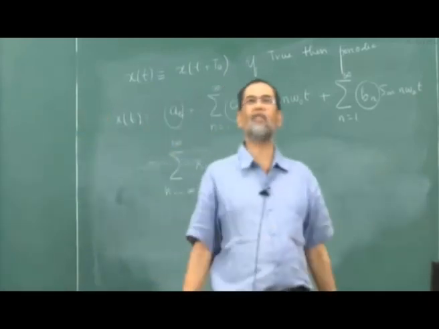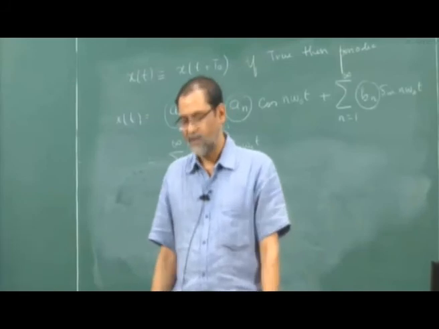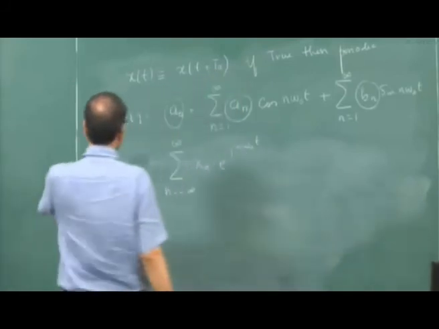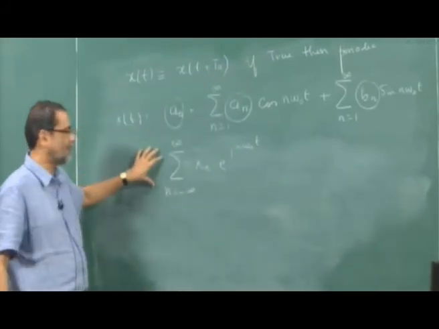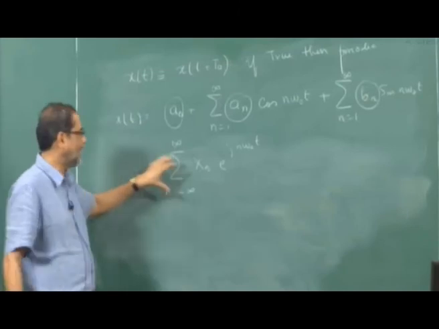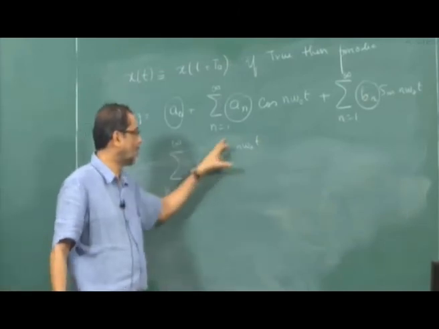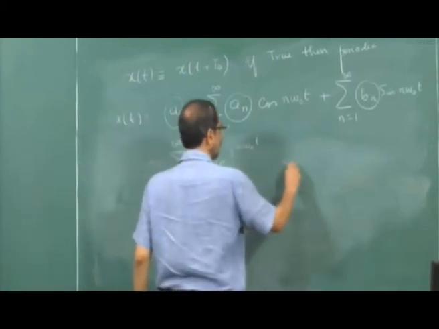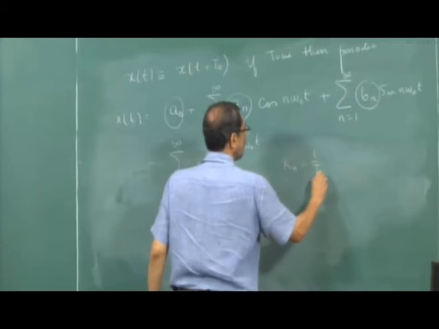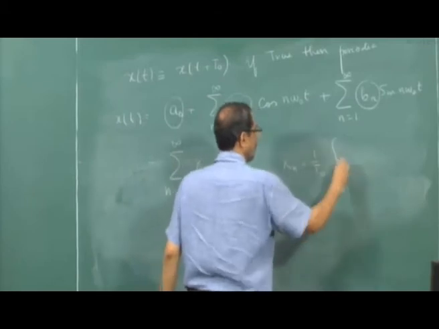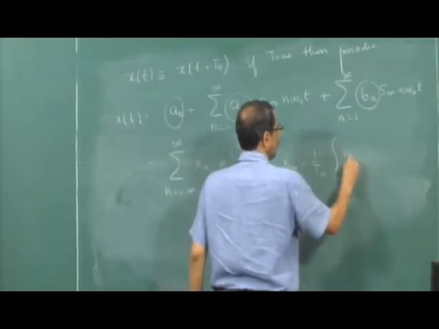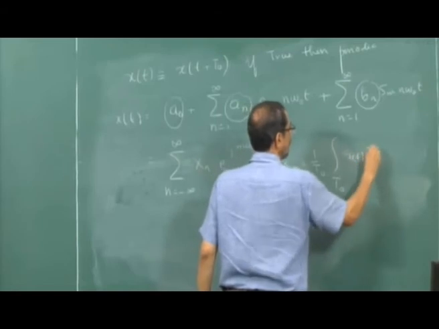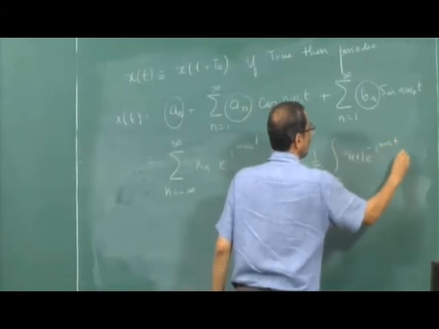A different way of writing the same Fourier series. So the basic form is this, but I can write it in this form, and by using the orthogonal properties of this, right, the nice thing is here xn is 1 by T naught integral of x of t e raised to minus j n omega naught t dt.